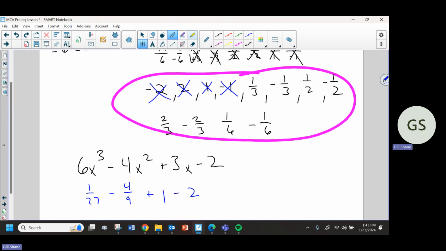I didn't use a calculator, but anybody else do anything at that? I can pretty much just tell you there's no way that comes out to be 0 by looking at it. I don't know what the answer is, but I know this gives me -1, and then this right here is also a negative number, so there's no way they cancel out.